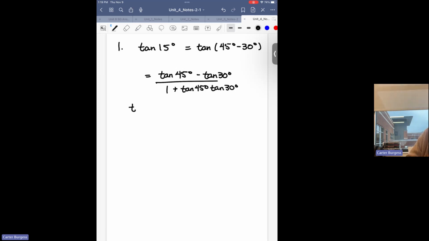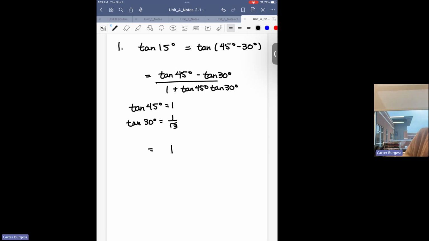What is tangent of 45 degrees? That's just 1. What is tangent of 30 degrees? 1 over root 3, or root 3 over 3. Either way is fine. I do not mind.